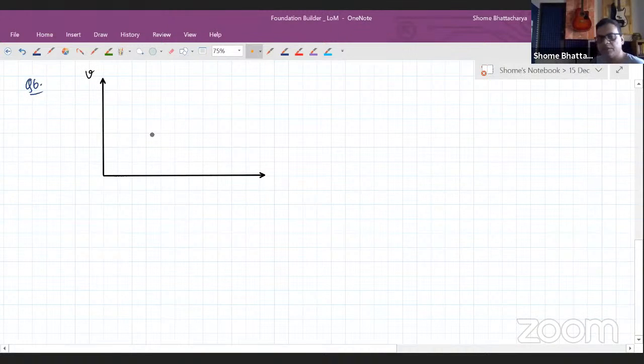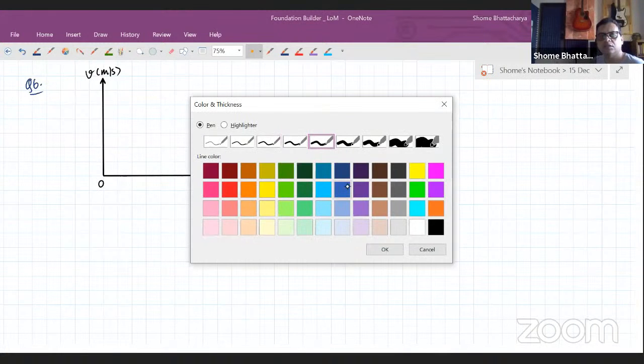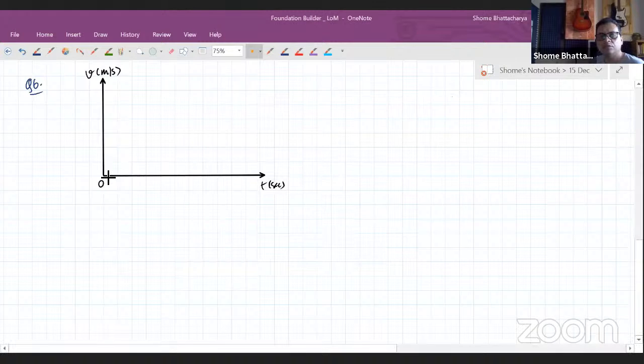Velocity expressed in meters per second and time expressed in seconds. Now the graph is of this type. It starts from 0 with a velocity 0. That means the particle is at rest initially, and it increases like this linearly with time, then remains constant for some time, and then again decreases linearly.